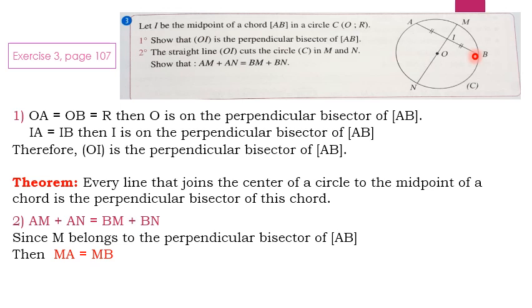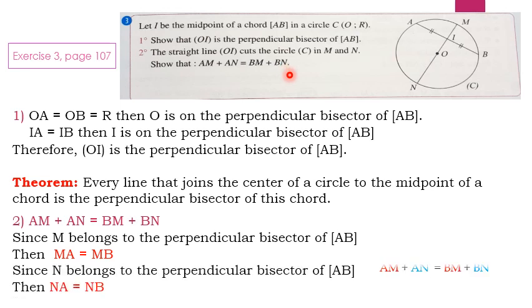Equidistant means having the same distances. This means that AN equals BN. Okay? Now, by comparison, MA equals MB proved in the first part, and then AN equals BN proved in the second part. So this expression is proved.